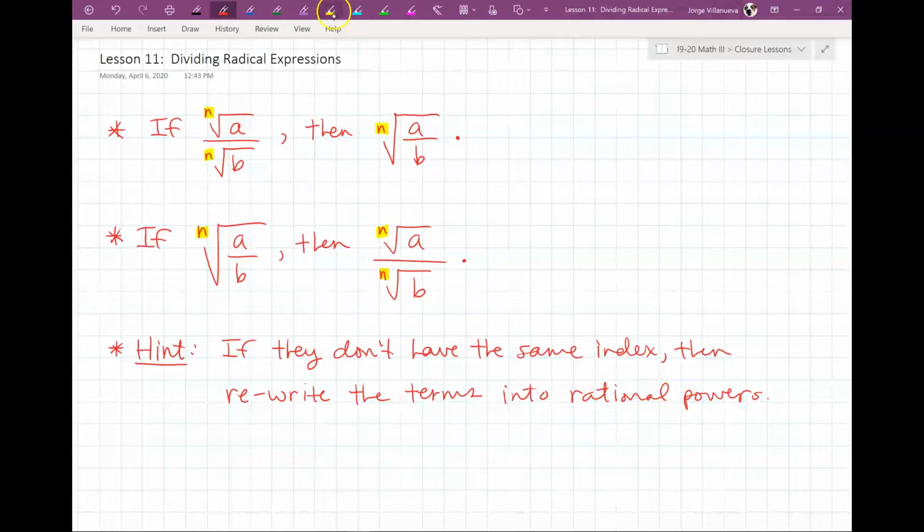That's going to happen in one or two of our examples. We're also going to learn about conjugates, but we'll talk about that in a bit.